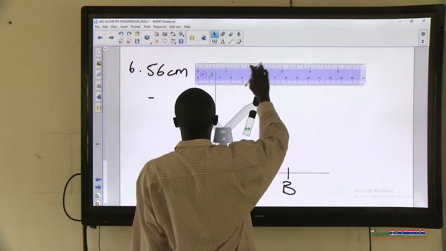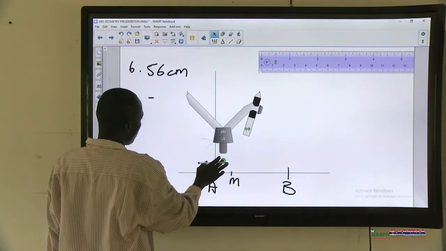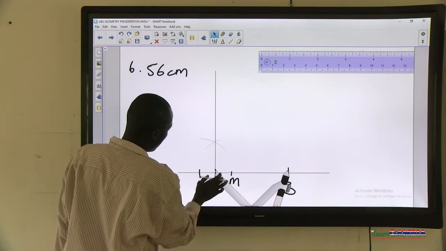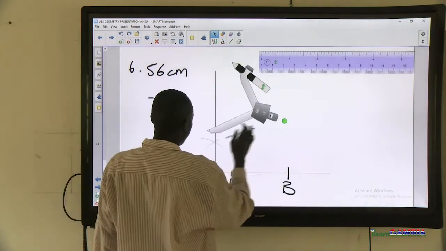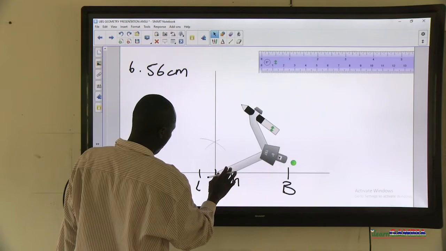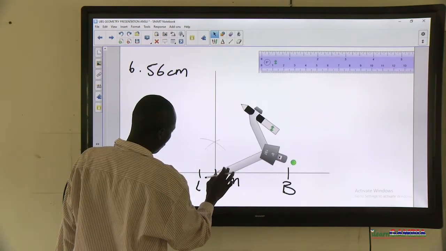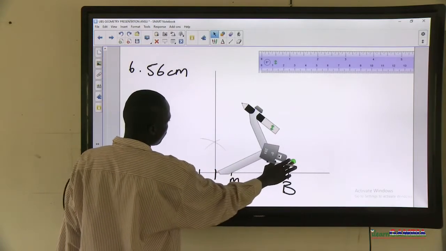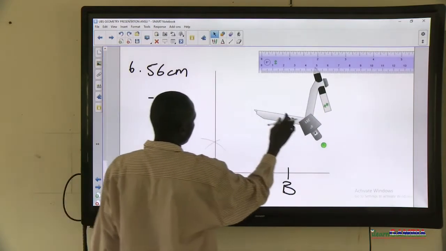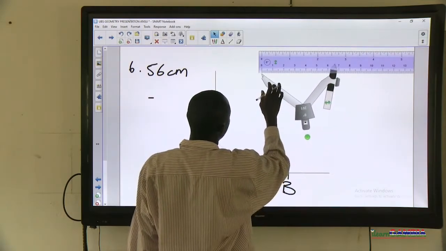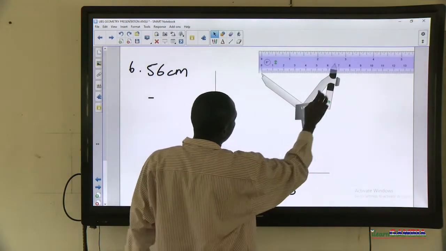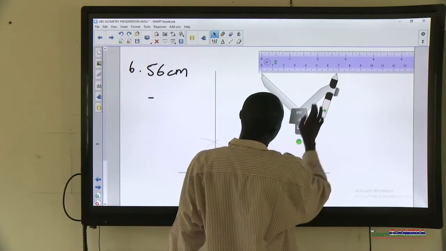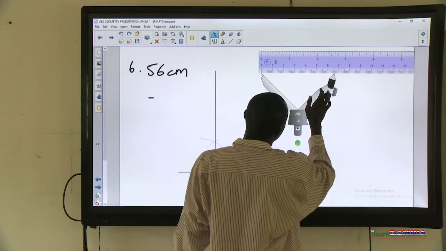So I move that, use my compass and put it at point A. Then I'll draw an arc to cut. Oh, sorry, it has moved. So I'll have to take that again. 6.56.